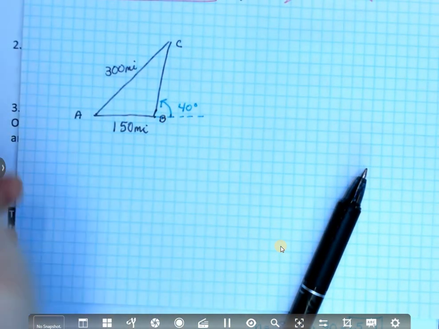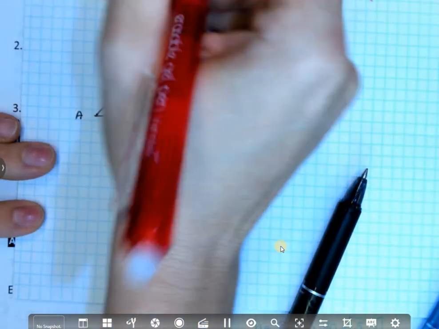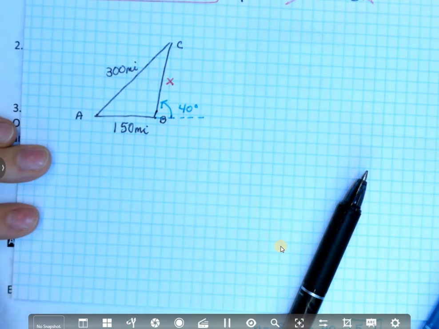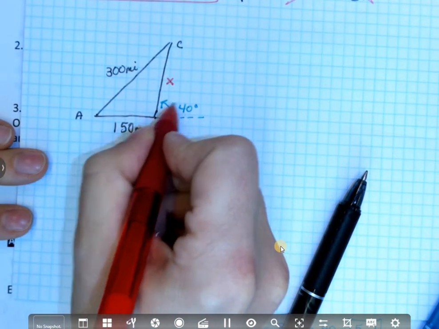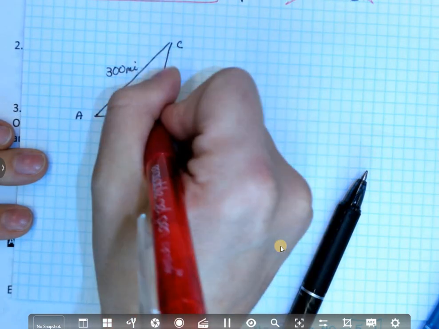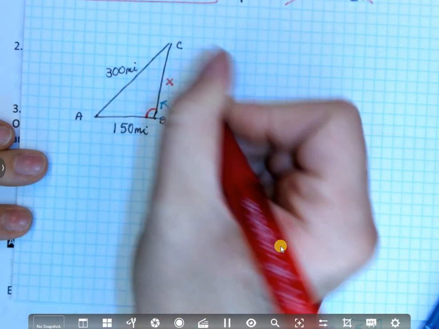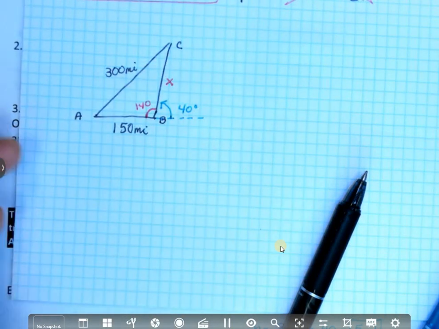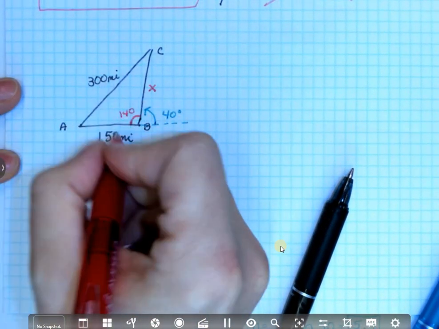So I am looking for, in this problem, that. So this angle out here is 40. What's this angle in here? 140. Y'all okay with that? So now that gives me an angle side pair.